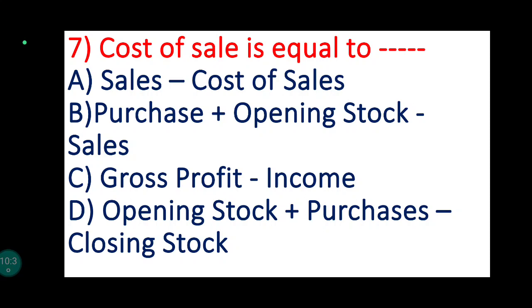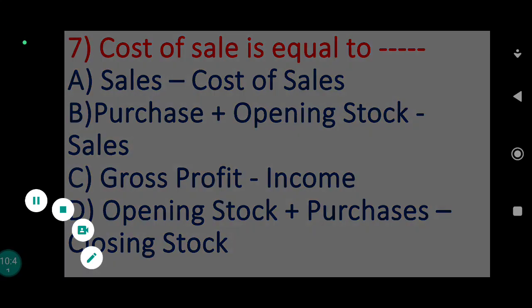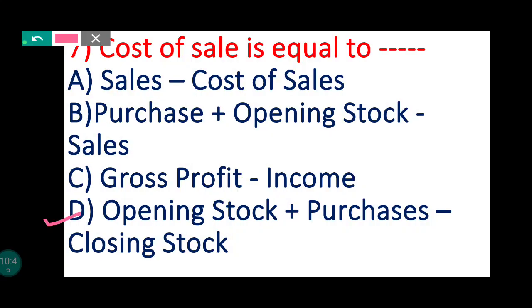So here the answer is D, because of the other options: number 1 is sales less cost of sales. How can cost of sales be equal to sales minus cost of sales? Sales minus cost of sales is gross profit. Option B is purchases plus opening stock less sale, which is also incorrect.